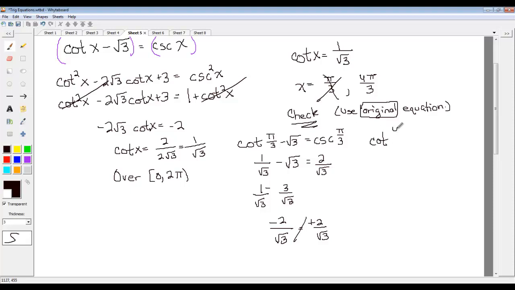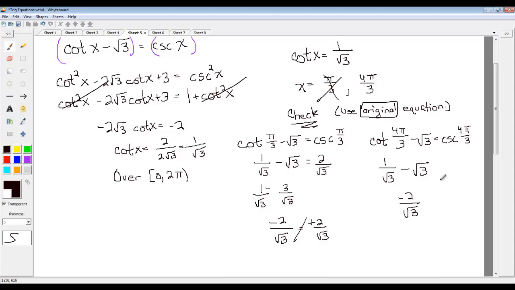Same process with 4 pi over 3. Check it in the original equation. Cotangent would be 1 over square root of 3 again, so on this side I get negative 2 over square root of 3.